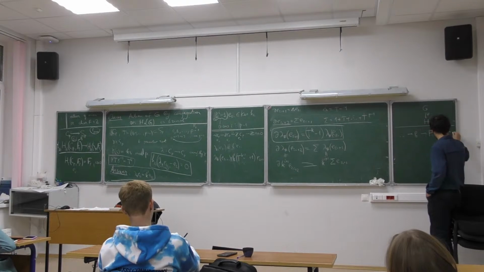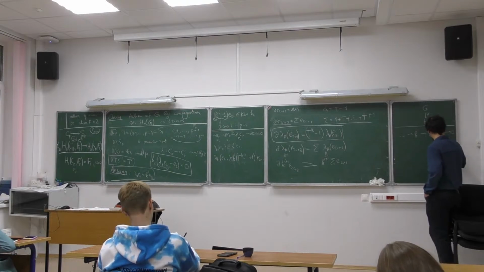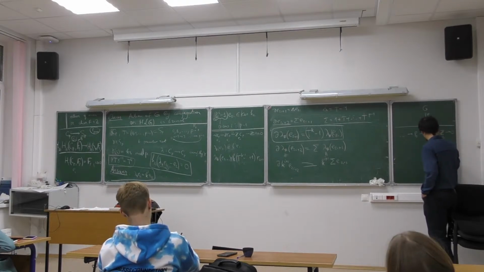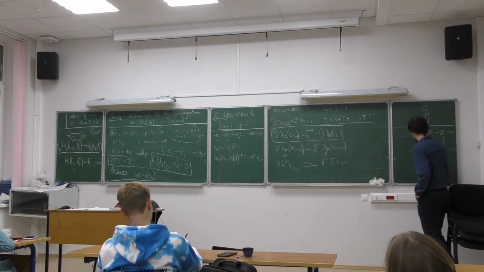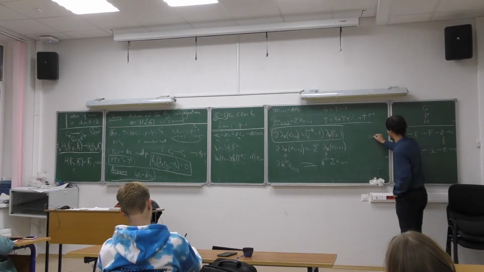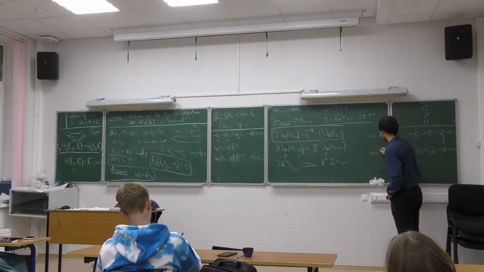and we need to write down a resolution, let it be Q, for Z over ZH. The first one is over ZG, the second one is over ZH.